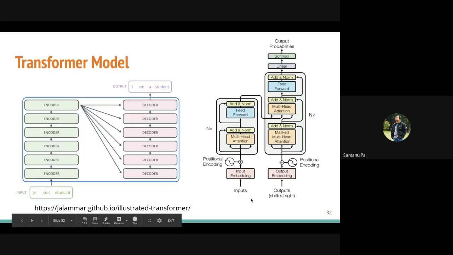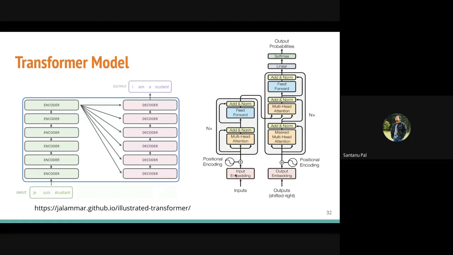While training, you have source and target, and the left side is the encoder and the right side is the decoder. And before going to the encoder or decoder, it has some input embeddings. I think embeddings have been discussed before in your lectures.